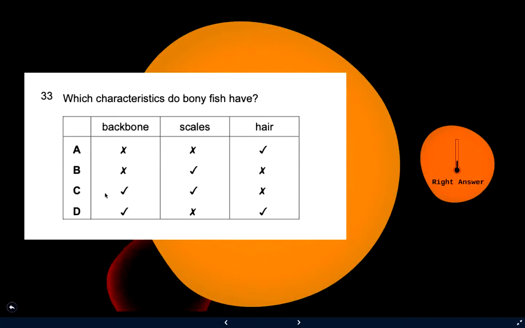So the only options left are C and D. Next is scales. Definitely a fish has scales, so you need to check it. Option D doesn't have a check in it, so that leaves us C as the right answer. Fish doesn't have any hairs at all. They only have scales, so the right answer would be C.